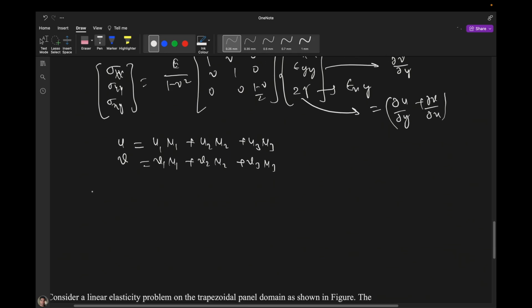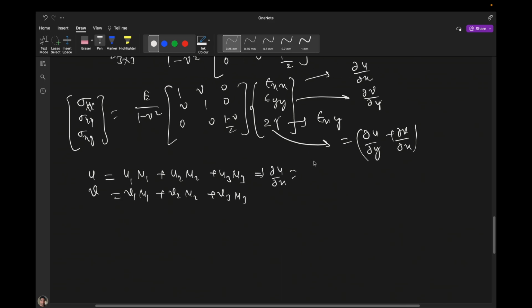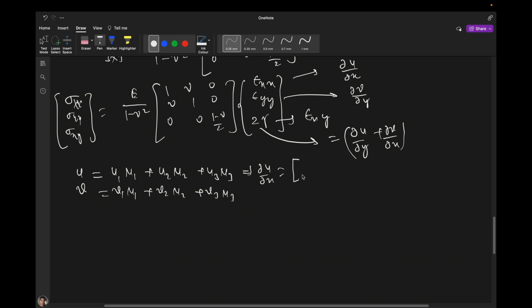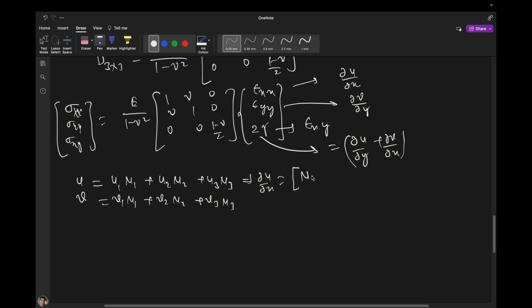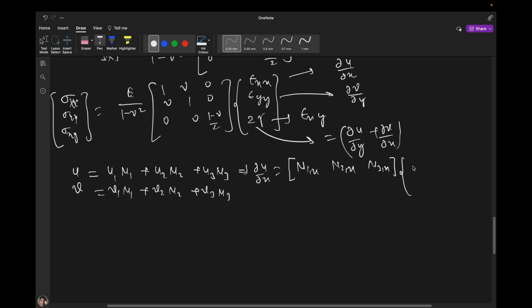So what will be the du by dx? Because we need to find the du by dx. I can write it something like this: n1x, n2x, n3x, and this will be multiplied by u1, u2 and u3.